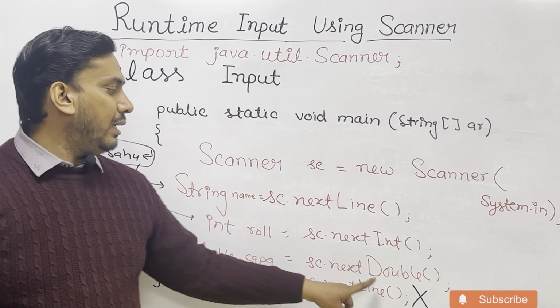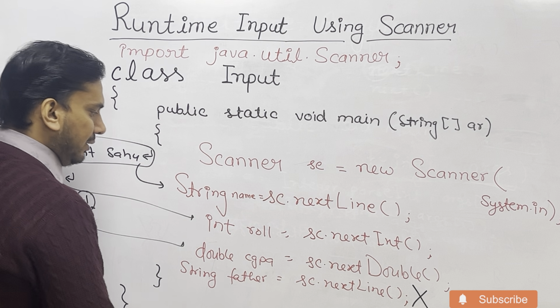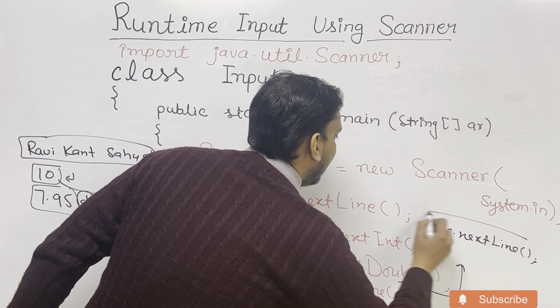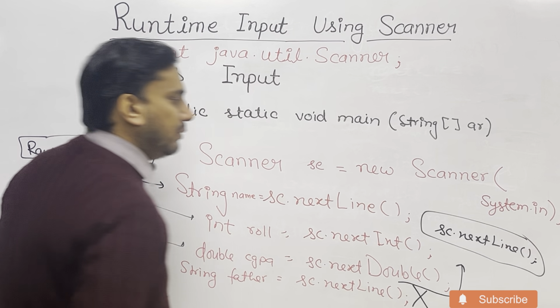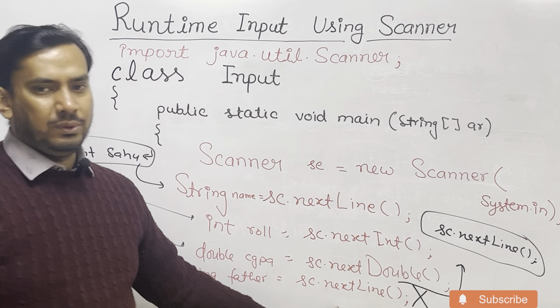How will you consume that \n? You have to write a dummy nextLine method, because only the nextLine method consumes \n. The other methods will not consume it. So, if you want to read the father's name also, before this statement you have to write one more nextLine, and this will consume the residual \n in your buffer, and then it will read your input.